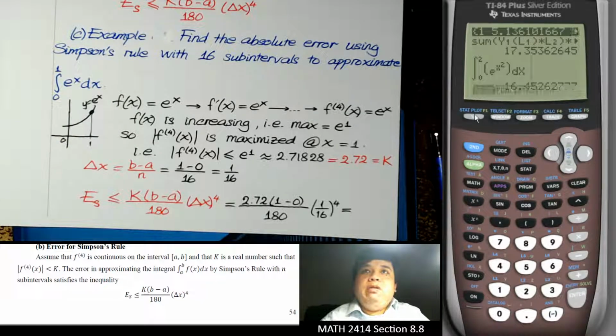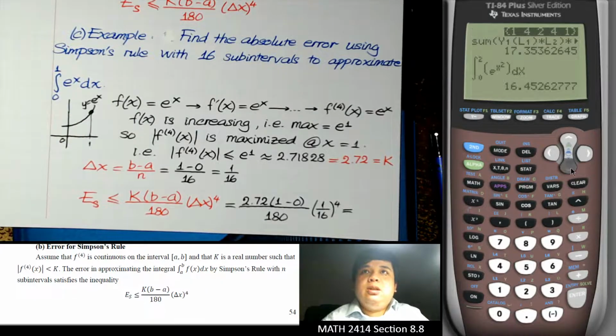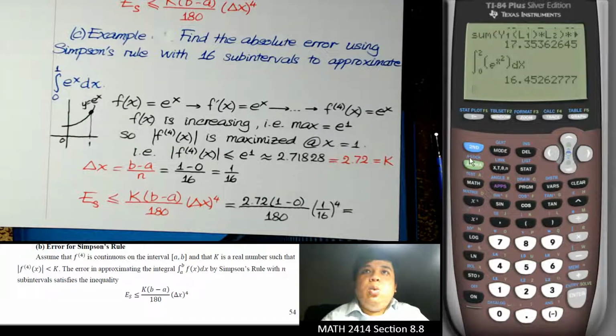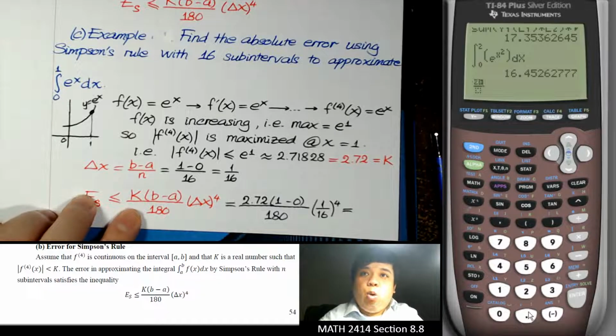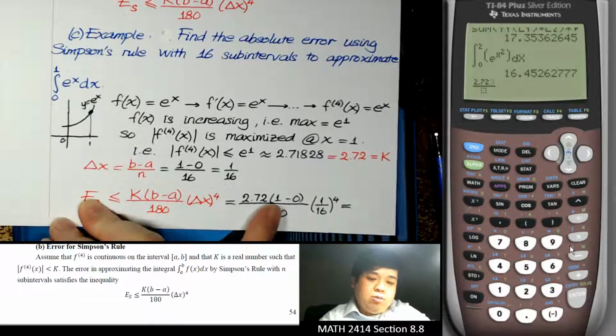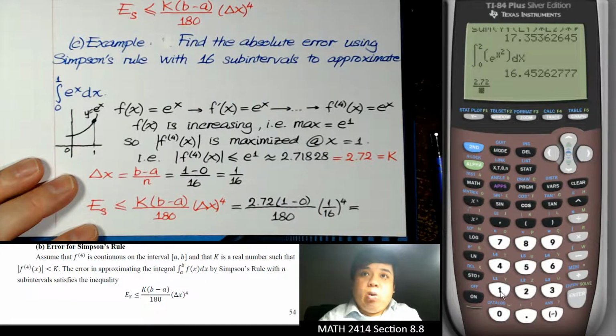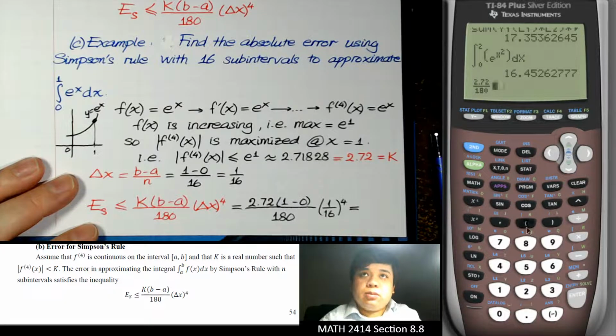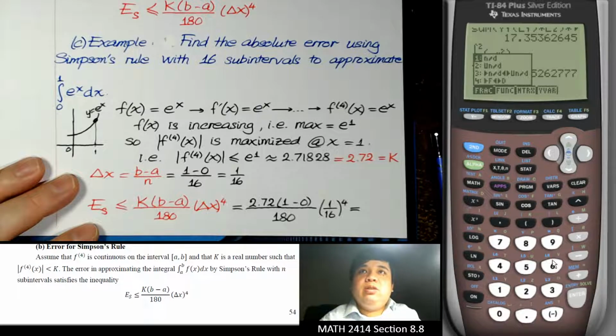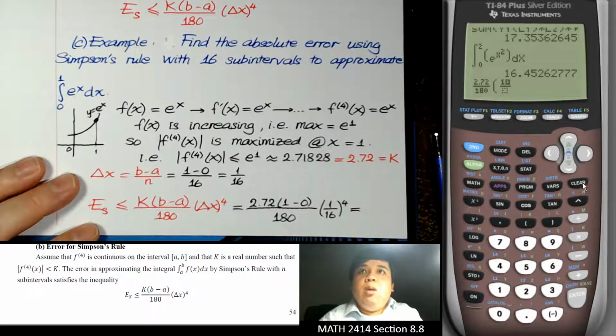So we have a fraction, k 2.72 times 1, that pretty much we don't even need, divided by 180, times another fraction of 1 over 16 to the fourth power.